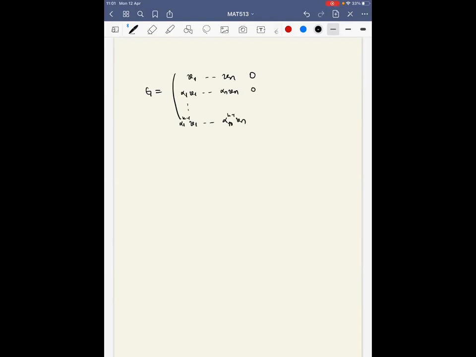And in the literature, you may see these codes as extended generalized Reed-Solomon codes or simply generalized Reed-Solomon codes.